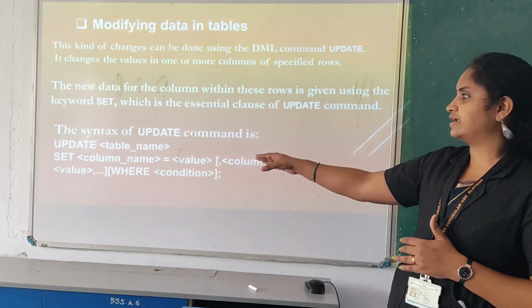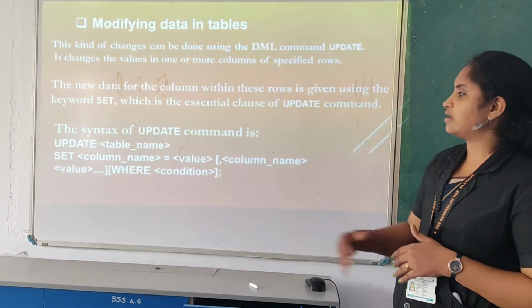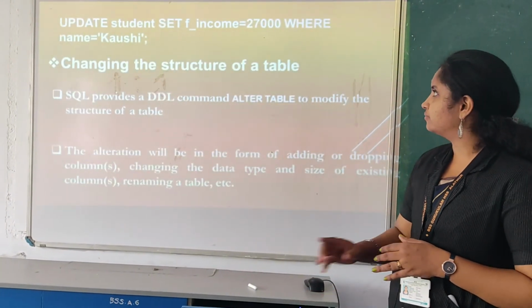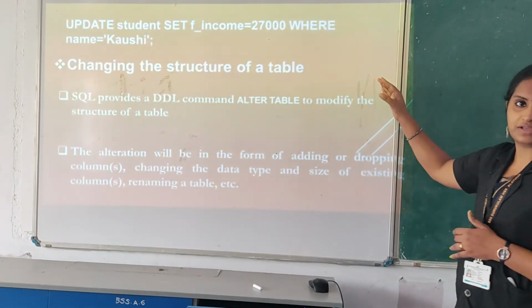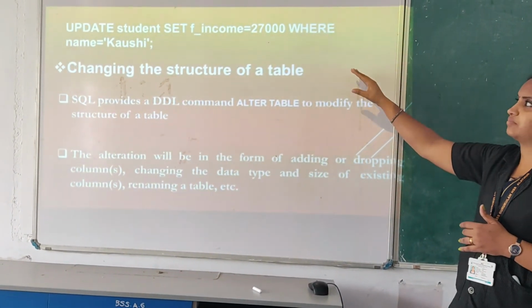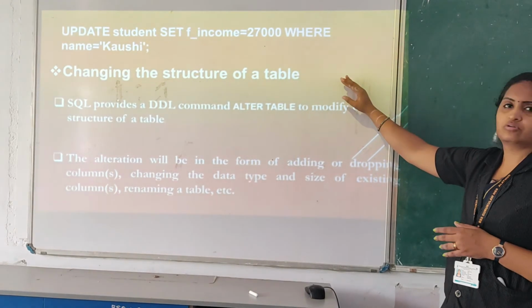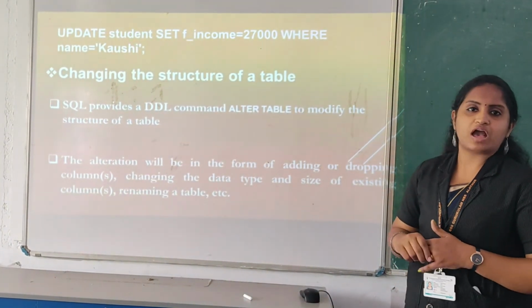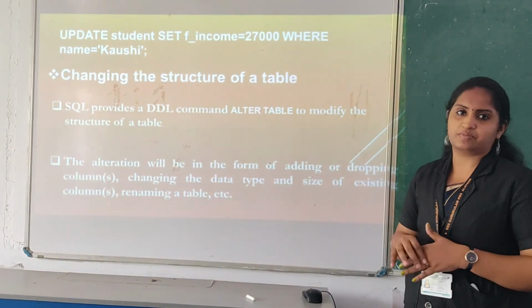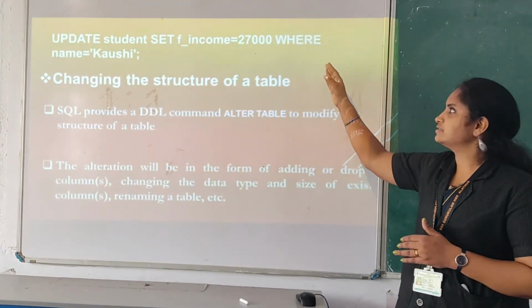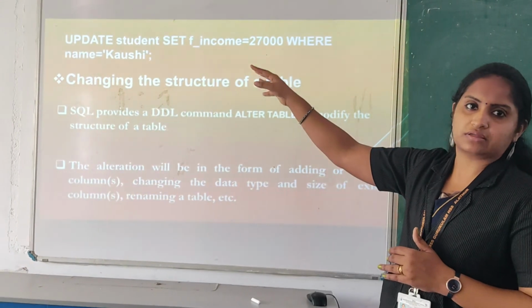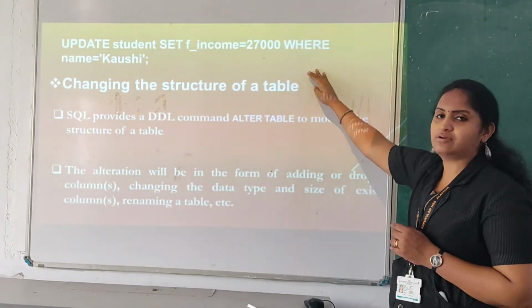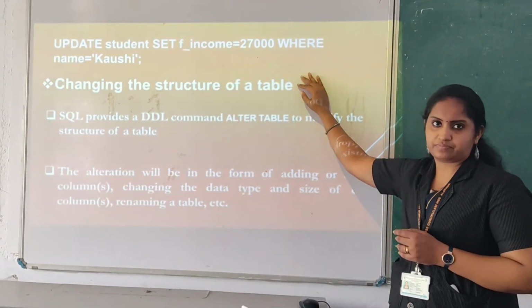If you want to change the data or anything, here you can update. So we'll see an example. Update student table, set family income equal to 27,000 where name is Kaushik. If you have to change any values in a table, you can apply this. So in this, if the name Kaushik is there, you change the value to 27,000.